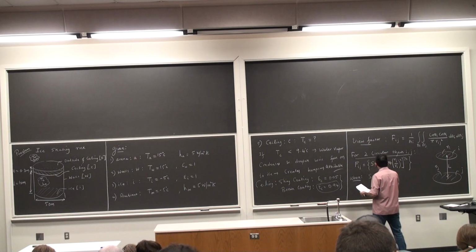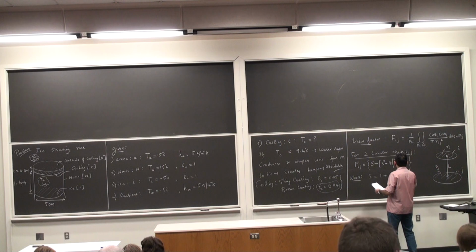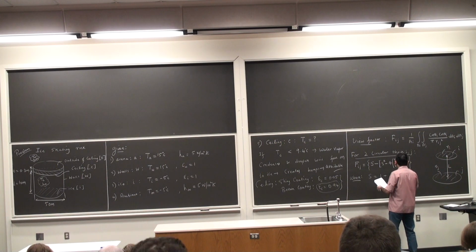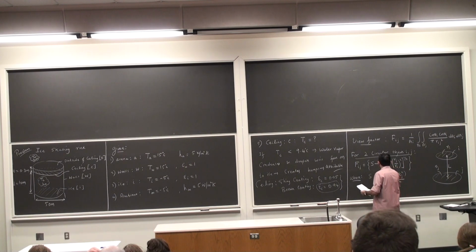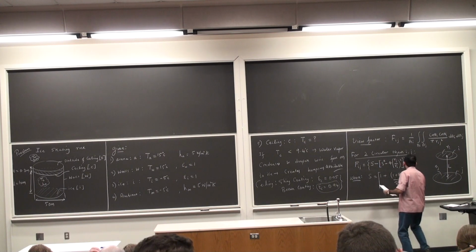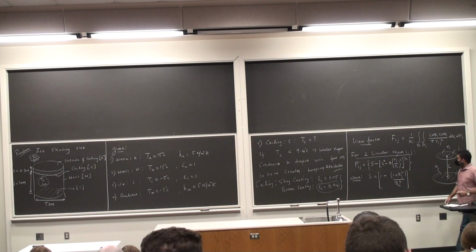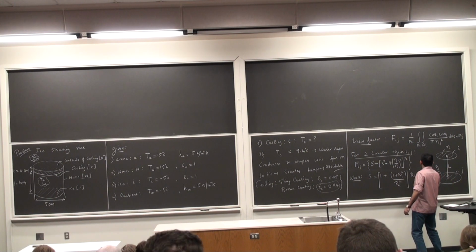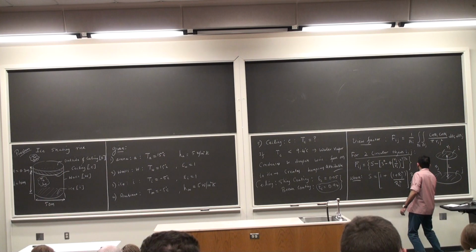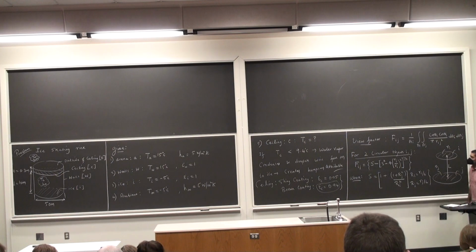S is 1 plus (1 plus Rj squared) divided by capital Ri squared, where capital Rj and capital Ri are non-dimensionalized with respect to the height separating the two. So capital Ri is little ri by L, capital Rj is little rj by L.